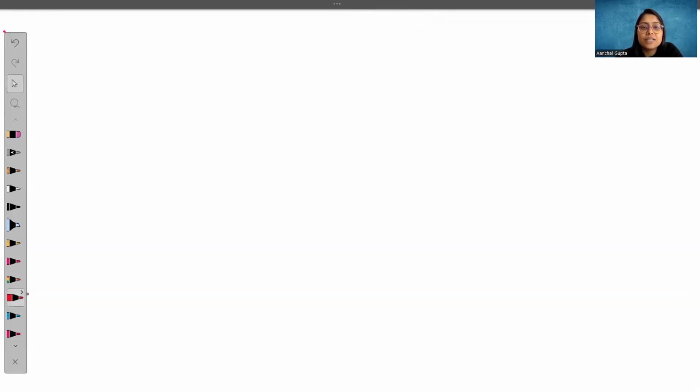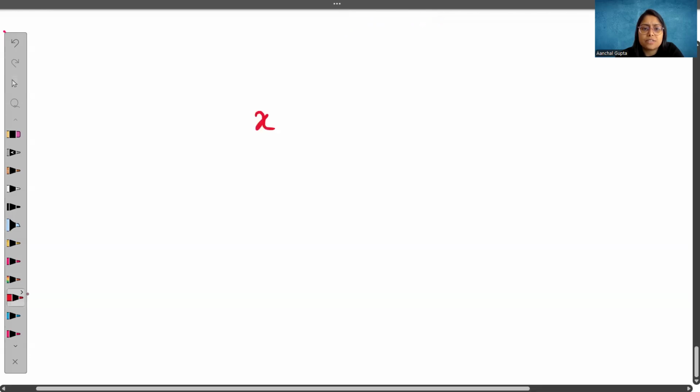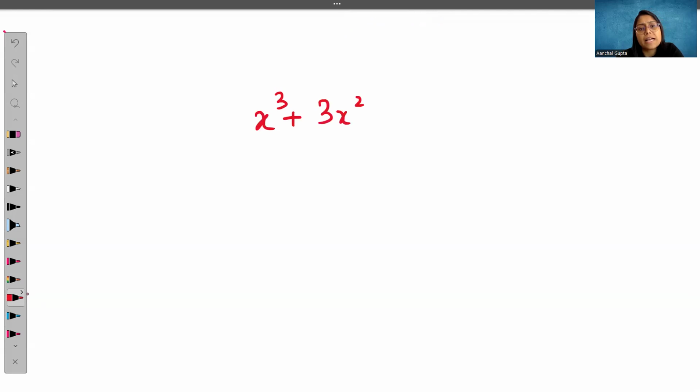So we took up the dividend, x cubed plus 3x squared minus x minus 3, and let's divide it by our cute little divisor, x minus 1.